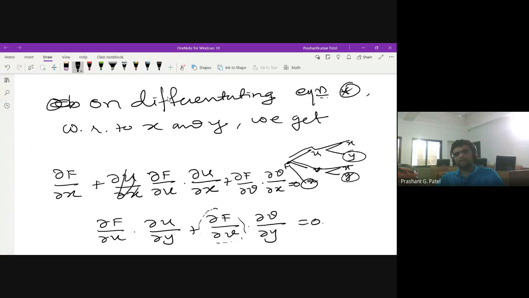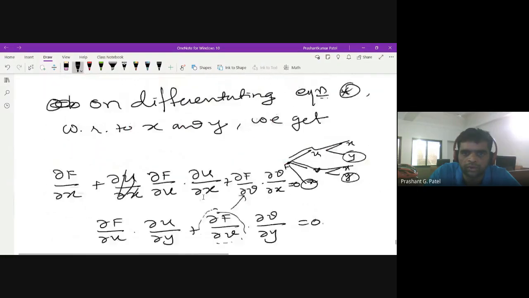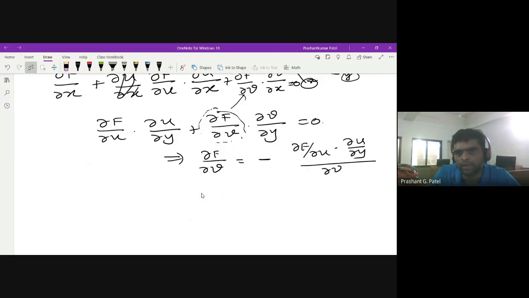Since it is given that ∂v/∂y is non-zero, the last expression gives ∂F/∂v equal to minus ∂F/∂u into ∂u/∂y upon ∂v/∂y.